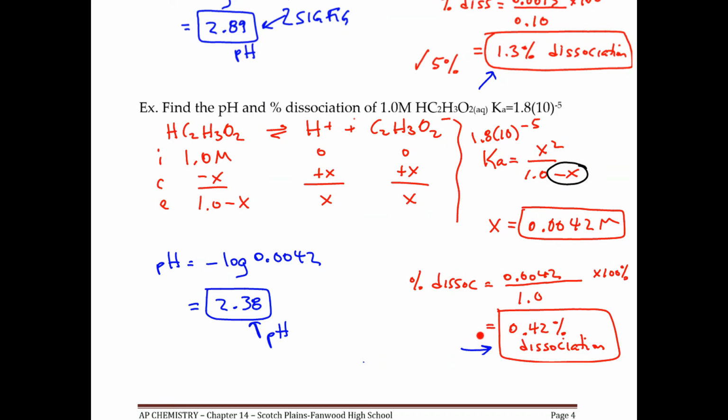And let's talk about why that is. There's less percent dissociation because it breaks down less as a percentage than the top one. The more dilute an acid is, it's kind of like saying there's more water, okay? Because remember that these are all aqueous. At the top of the page, it was more dilute.